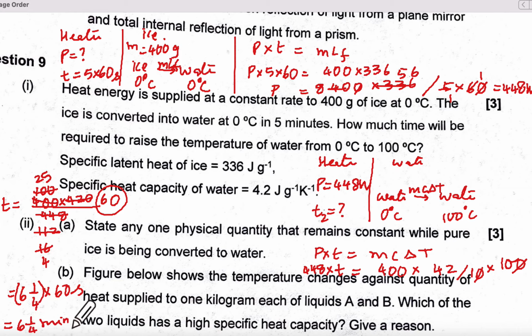So either you can say it is 6.25 minutes, or you can make it into 6 minutes and 15 seconds. Understood? Or you can write it as 6.25 minutes. If they have given you in minutes, then you should also answer in minutes. Understood how this was done?